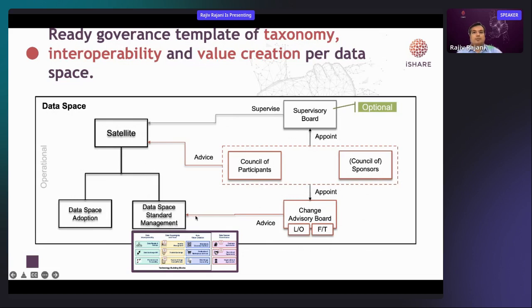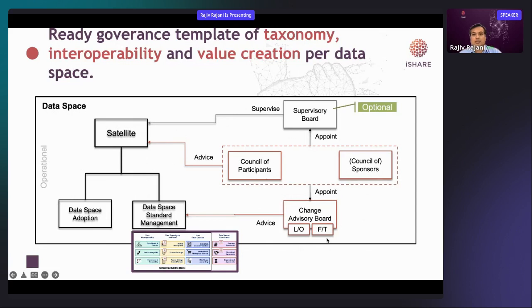So for example, when you are talking about which data model to use, or which standard to use, like JSON or XML, or whether you want to use a REST API or EDI, for example. These are usually covered by functional and technical people from your organization, and they can determine what is best for the participants.